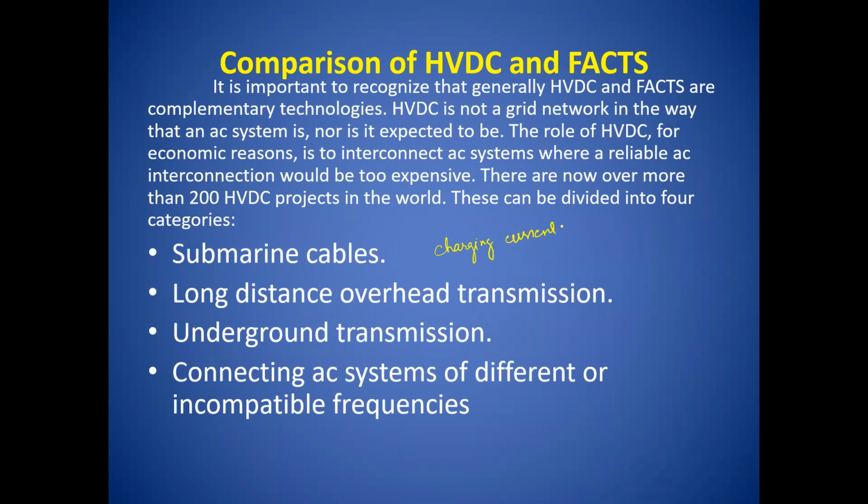When we are using an AC cable, either an underground cable or a submarine cable, it draws more charging current because of the capacitance. Why capacitance? Because the three conductors R, Y, B are very near to each other and insulated with the help of some insulation. So it acts as a continuous capacitor over the transmission line.